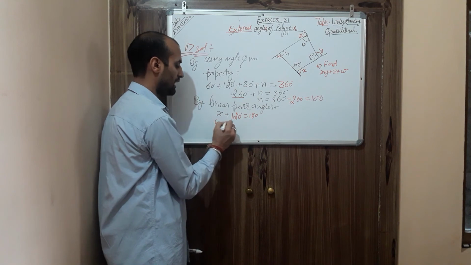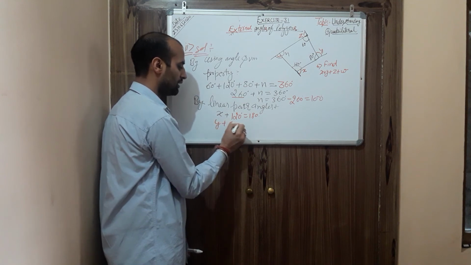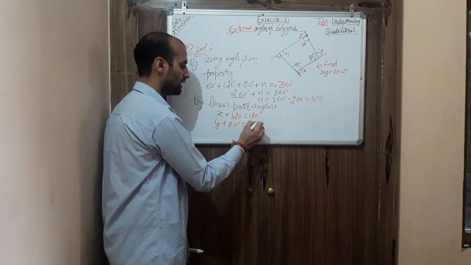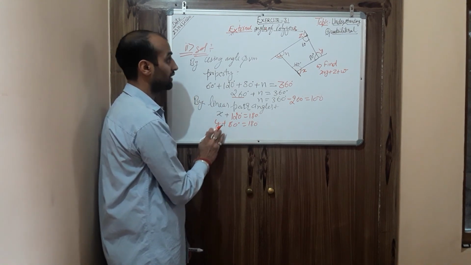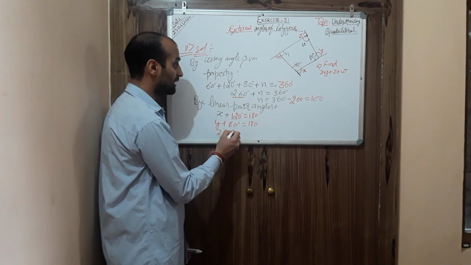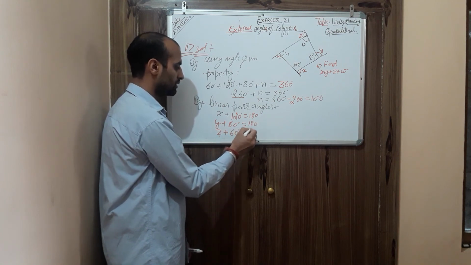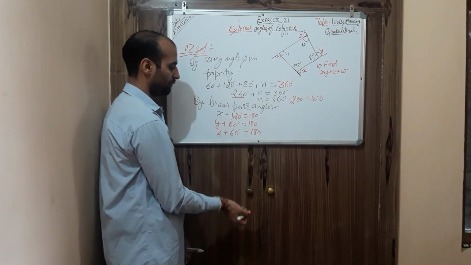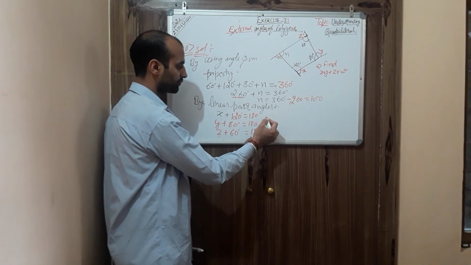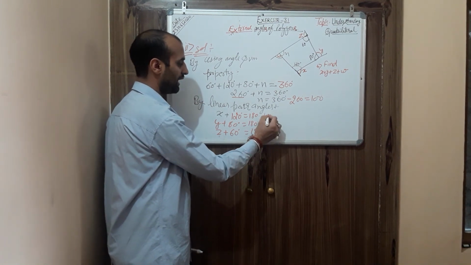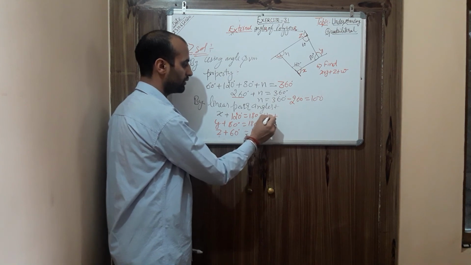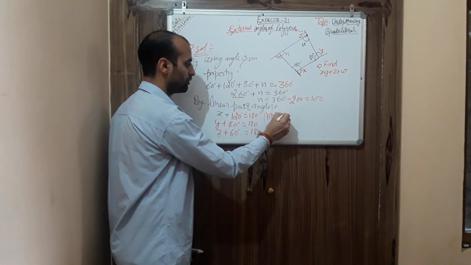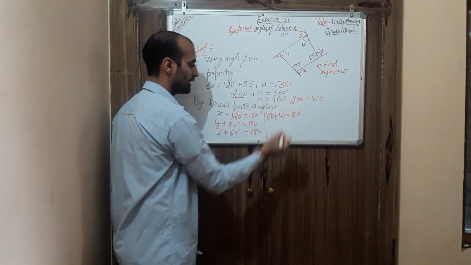Second, y plus 80 degrees must be equal to 180. Third, you have the z angle, so z plus 60 is equal to 180. And last you have one more angle, that is n. n you have calculated, that is 100. So now you can write 100 plus w is equal to 180 degrees.